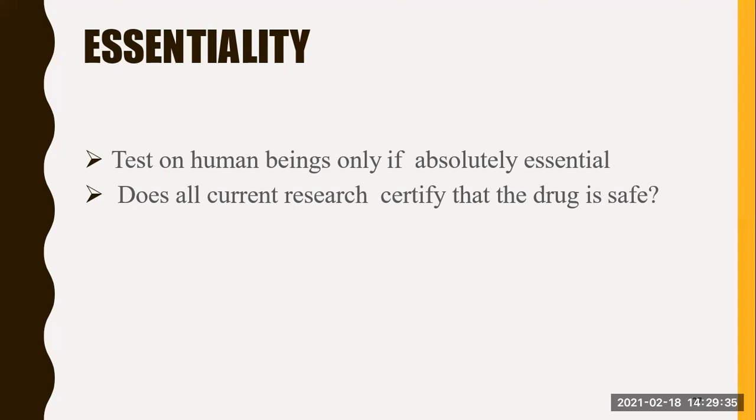We can carry out small trials and then generalize it. So tests on human beings we have to carry out only if it is absolutely essential. Does current research certify that the drug is safe?